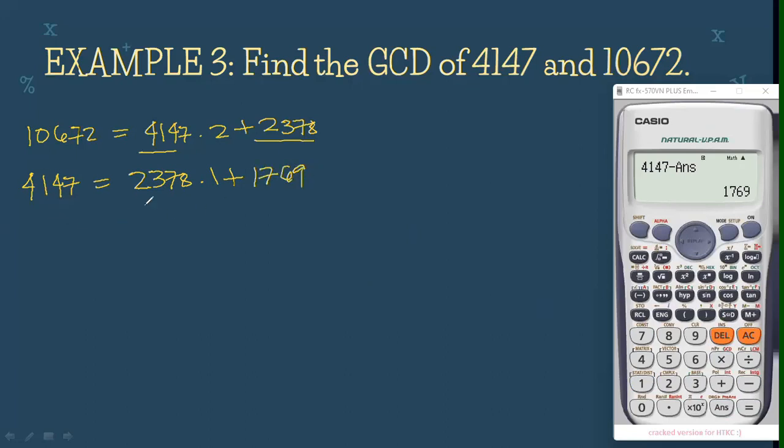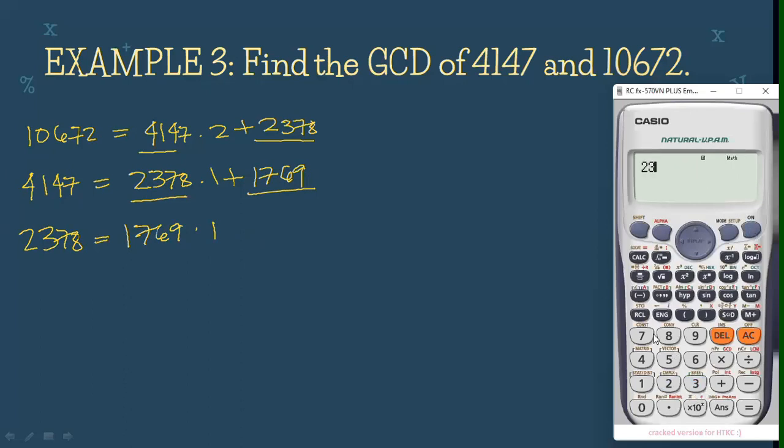1,769. Ngayon po, ito naman po yung gagamitin natin. 2,378 is equal to 1,769 times 1 po yan for sure kasi po wala naman pong ibang pwede. Pag iti-times 2, masyadong malaki. So, pero let's try pa rin po natin for assurance.